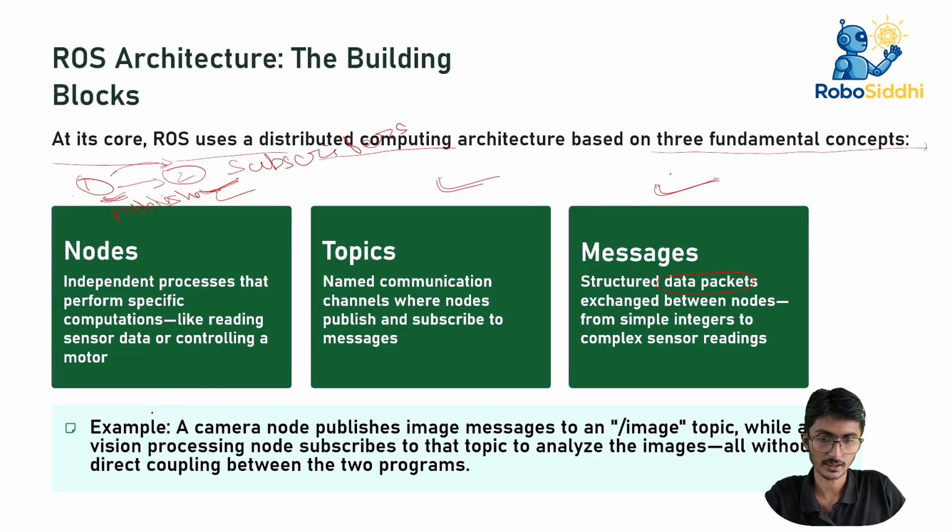Let's talk about an example. Here we have a camera node which publishes images, and the image is the topic. Then there is another node, a subscriber node, which receives the message and does more image processing.